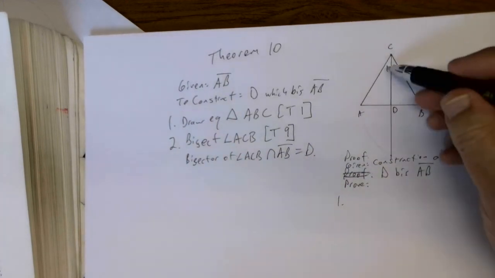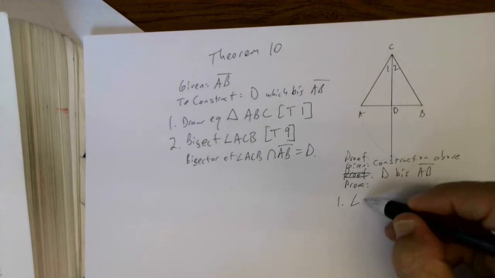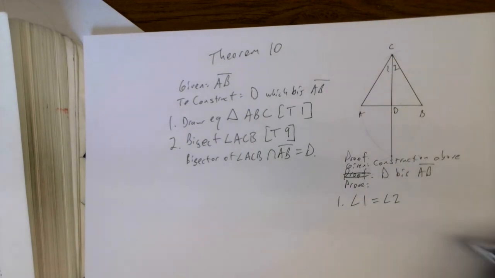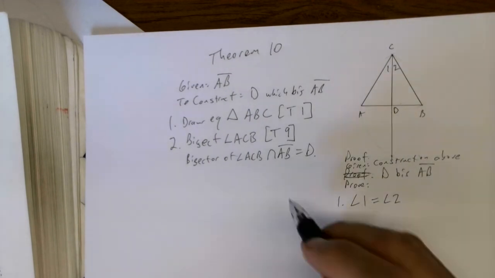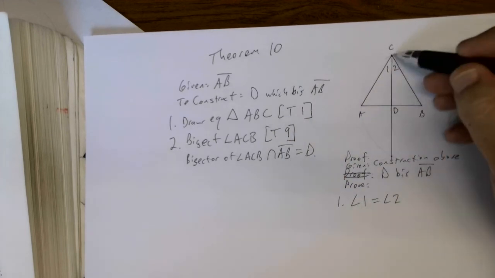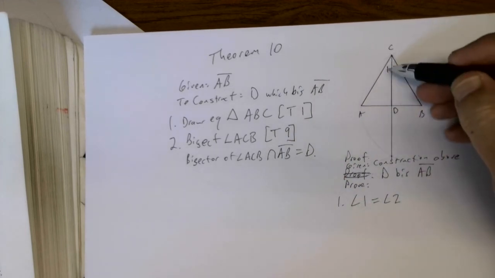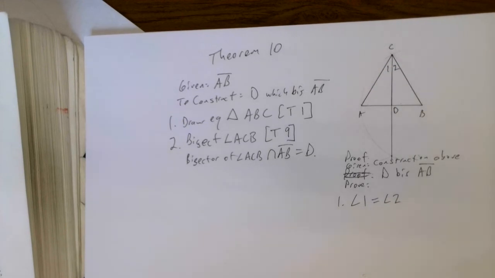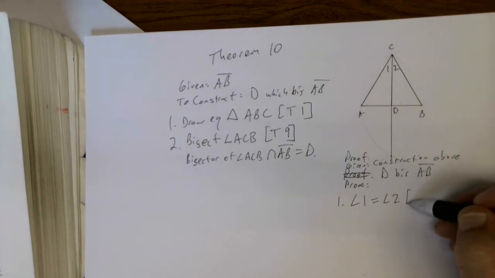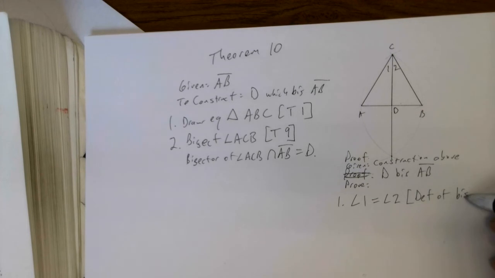So what do we know about these two angles? We know that those two angles are equal because I used Theorem 9 to bisect angle ACB. That guarantees that this line splits ACB into two equal parts. I just called them angle 1 and angle 2. So that is the definition of bisect.